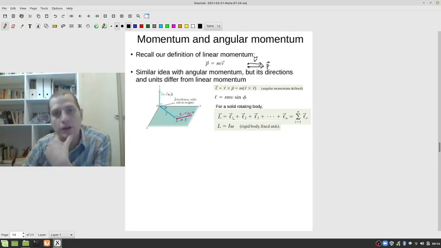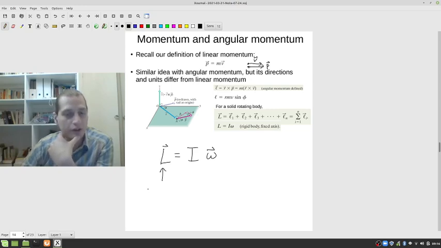Instead of adding up the angular momentum of each little particle, which, if you have an R and a P, is going to point perpendicular to both of those, it's easier to think about a larger object, because then we can put it in terms of L, I, and omega. Okay, so L is going to be I times omega. So L is the angular momentum of your whole object.